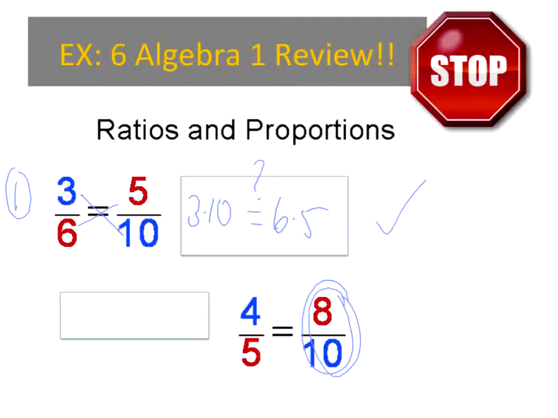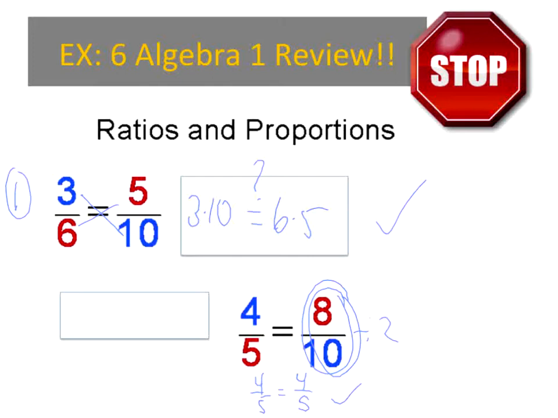I can reduce it. So 8 over 10 is the same as, if I divide by 2, 4 over 5. Oh, they're the same. So I have two ways for checking if proportions are the same. I can cross multiply or I can reduce. Everybody okay with those two ideas? And you're thinking, why do I need this? I'm going to show you in a second on a picture.